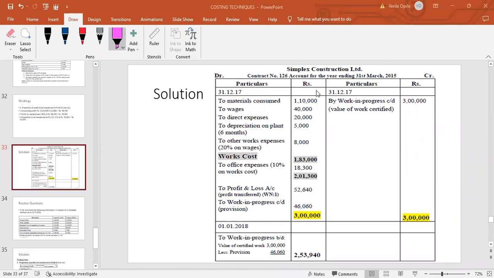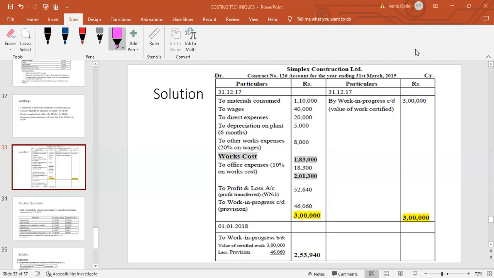We have touched on the notion of profit. What about the estimated profit? Shall it also be part of this costing account? Okay, so yes, we have two types of profits. The estimated profit is for the entire contract.